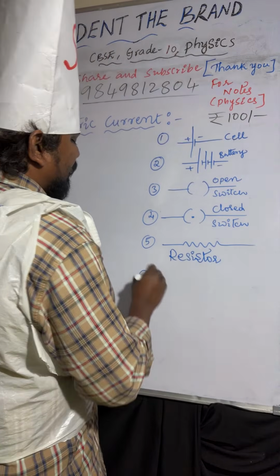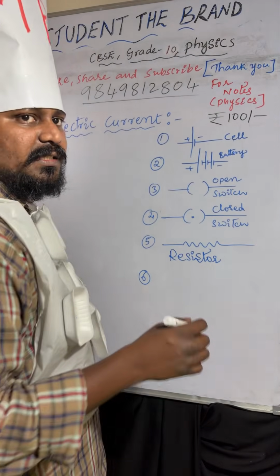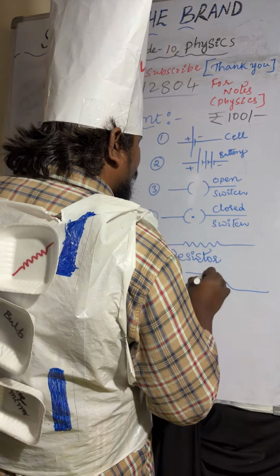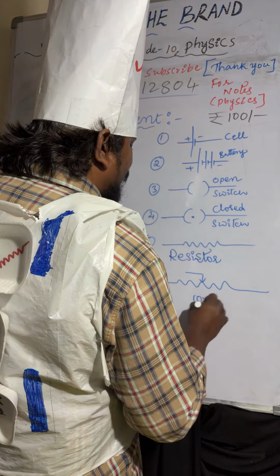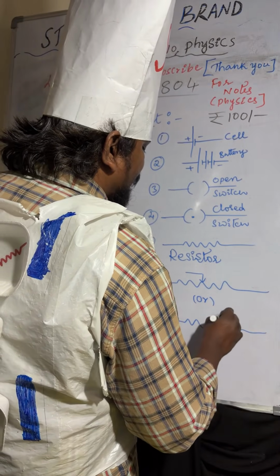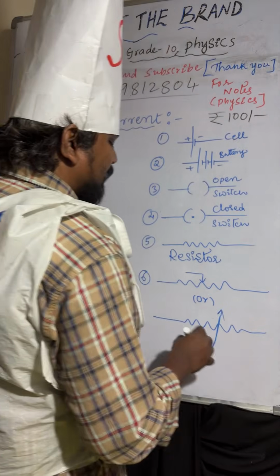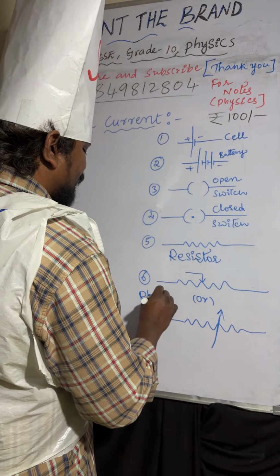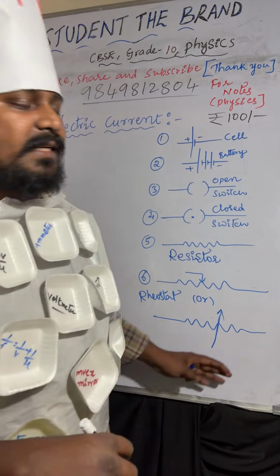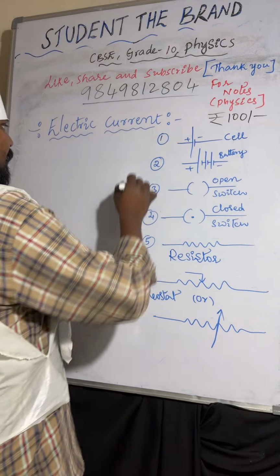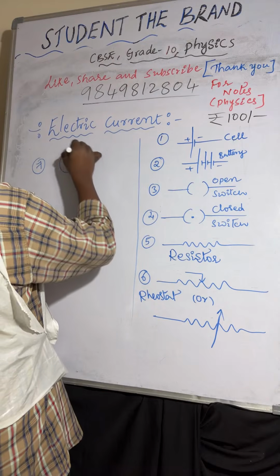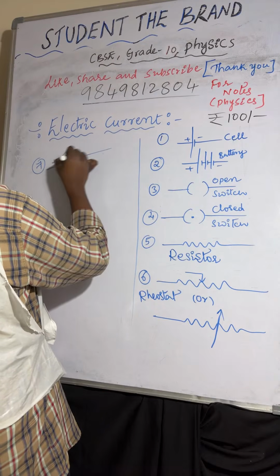Sixth one we are going to discuss is rheostat. Next one, seventh one is ammeter. Here is ammeter. And voltmeter.